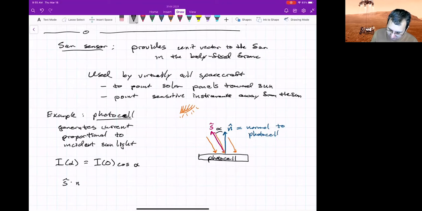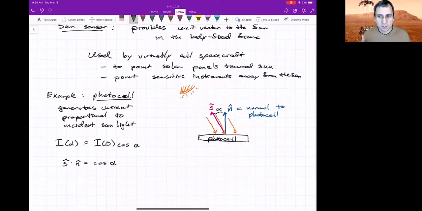S dotted with N is cosine alpha. So there's a question, is the sun sensor primarily good for coarse attitude determination? It's actually one of the most precise directions that we can get. So I'll later list a table of the accuracy of various sensors, but this one is very good.